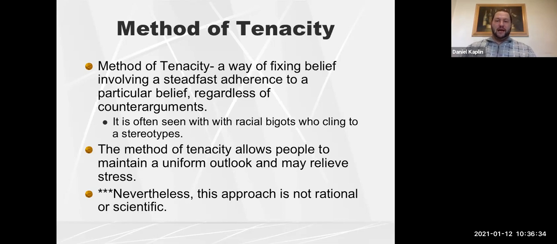More often than not, first generation immigrants are going to romanticize their country of origin. And they're going to adhere very strongly to the culture of their country of origin.